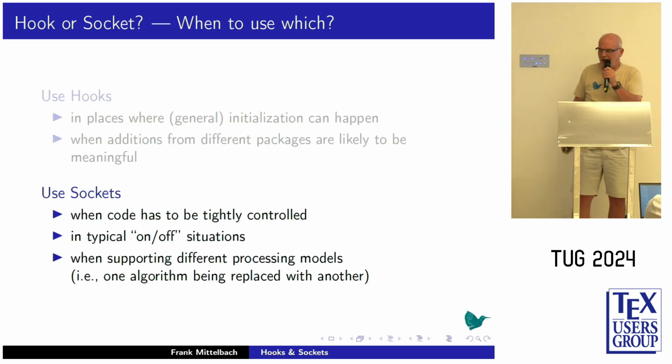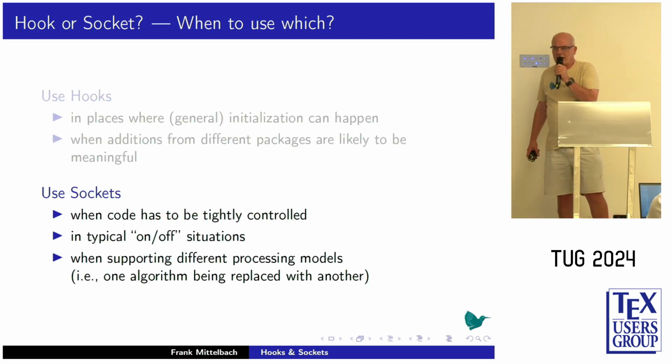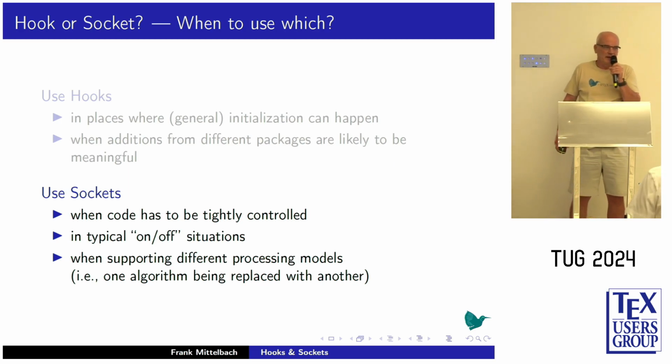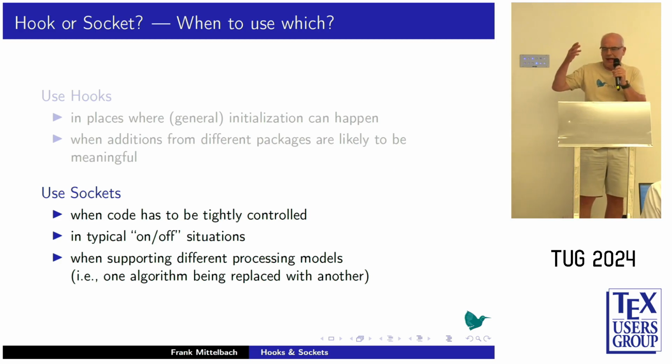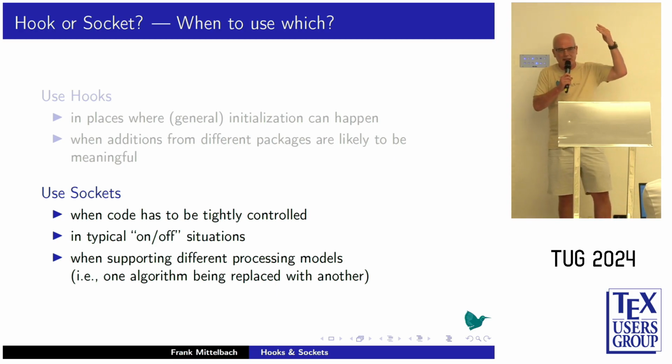In contrast to that, sockets are intended to be used in typical one-off situations. It's on or off. If you have need for very tight control, and if you have different processing models that you want to support. For example, in page layout, you have the idea that footnotes can go below bottom floats, or they can go above bottom floats.